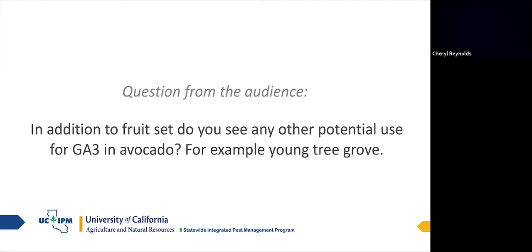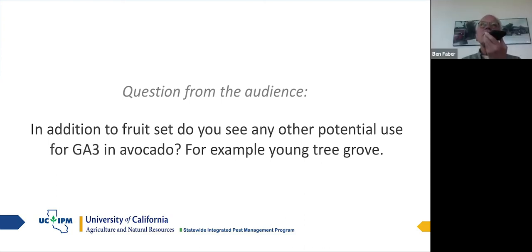Okay. In addition to fruit set, do you see any other potential use for GA3 in avocados, for example, young tree growth? It does increase the amount of leaves. So that was one of the things that was noted. But the best thing to increase leaf growth is to water and fertilize.